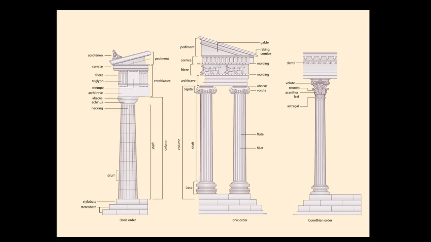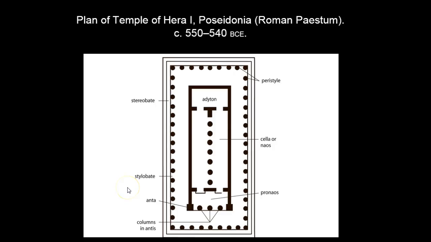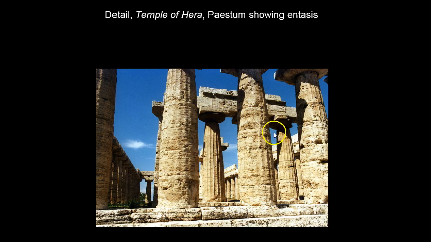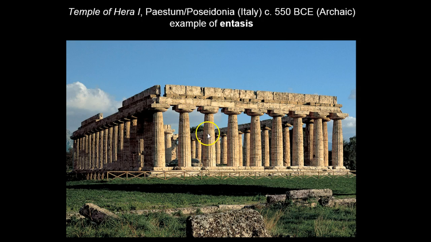As at Hera I, Doric order structures often have fluted columns, which means that the columns have vertical channels carved into their curved surface. You can see that here, even though it's quite worn away, that this is true at Hera I. Fluted columns.